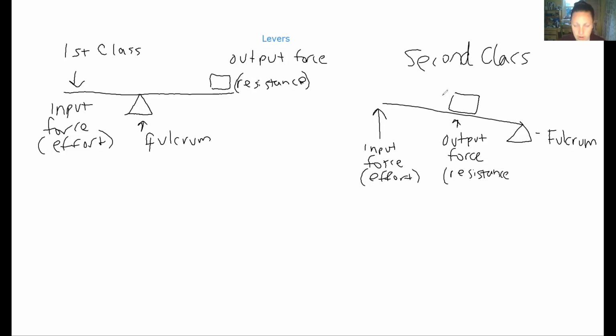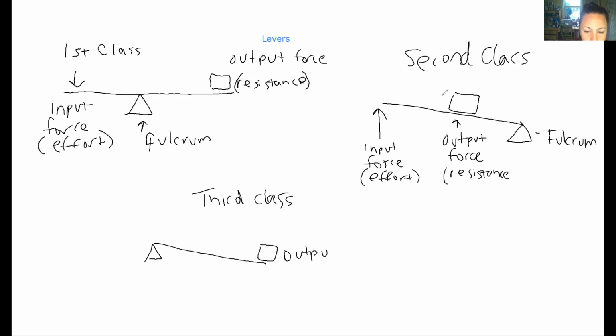So if we're to draw out a third class lever, you have your fulcrum, you're changing your space, and your resistance is down here. So we have the output force, and that's our resistance.